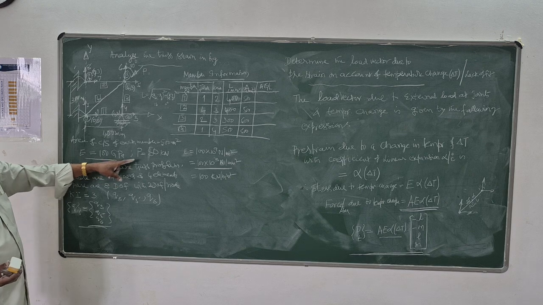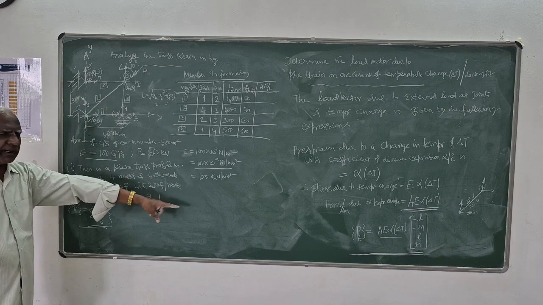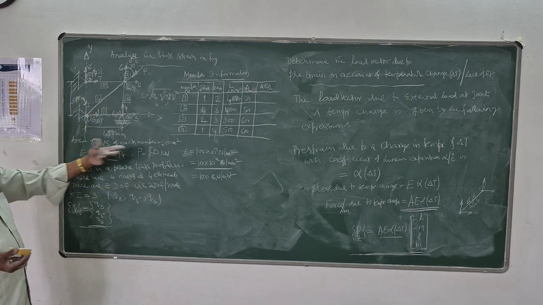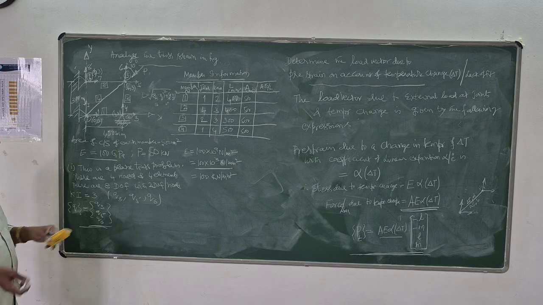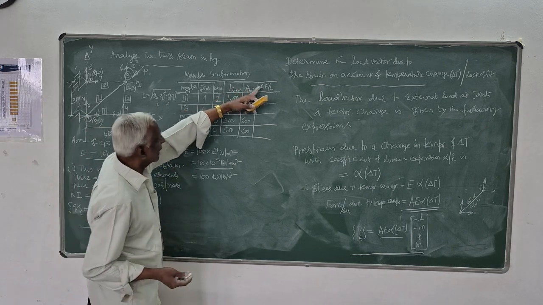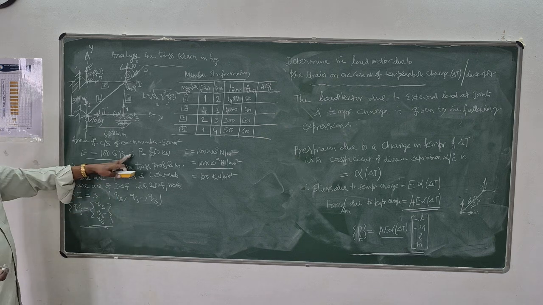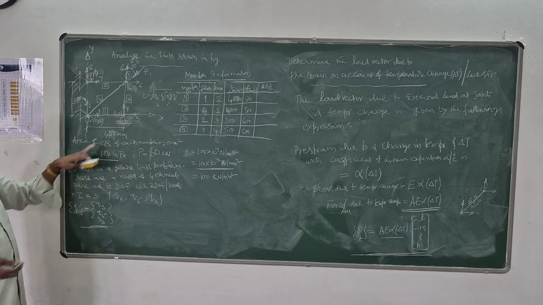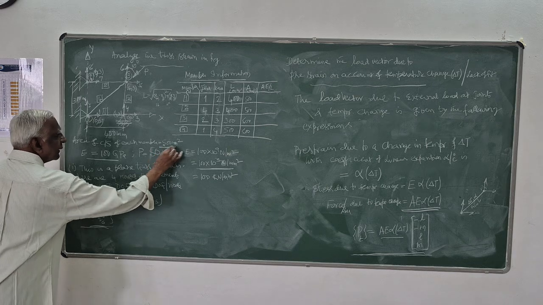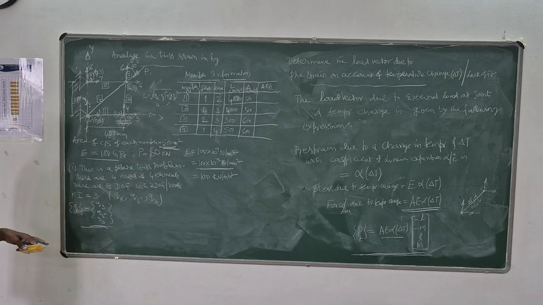Here you can take it as 100 kilonewton per millimeter square. The P is given in kilonewton, so I will maintain kilonewton. All others are in millimeters. So E is equal to 100, A is equal to 500, the area of cross section of each member is 500.